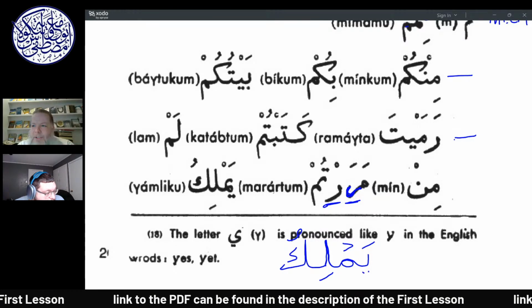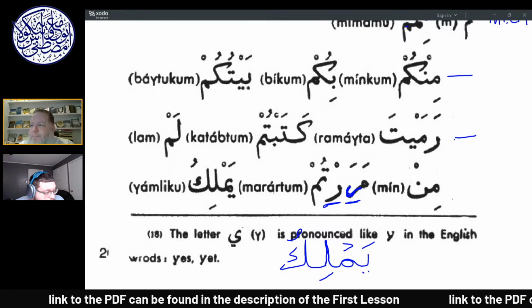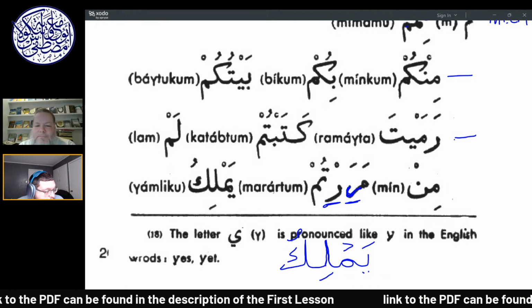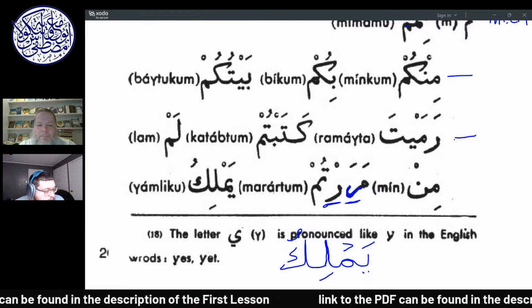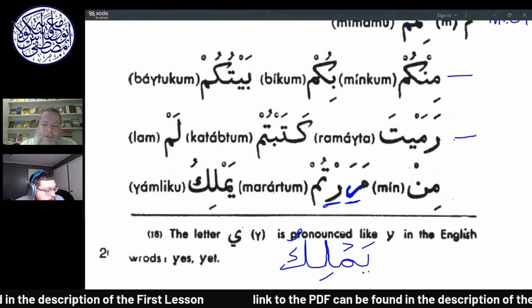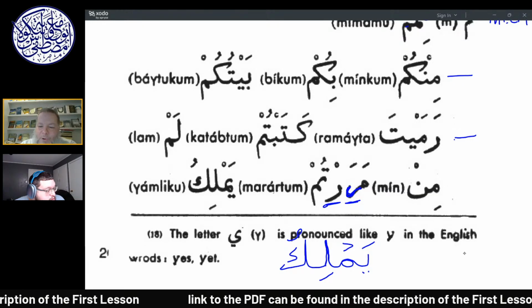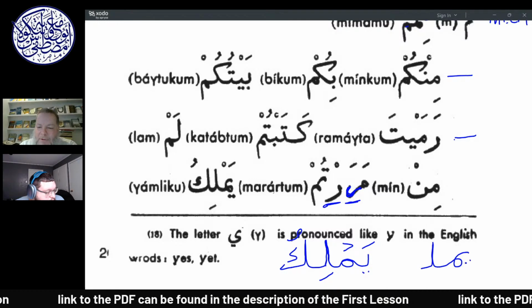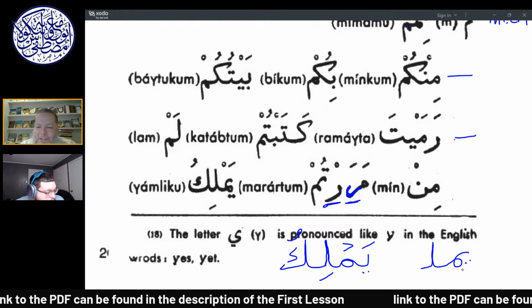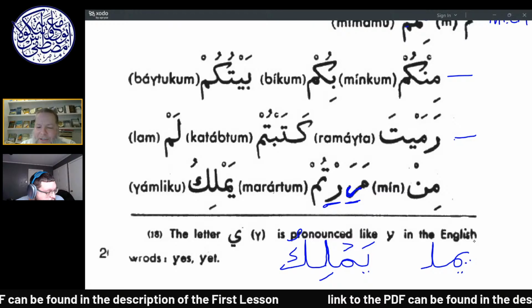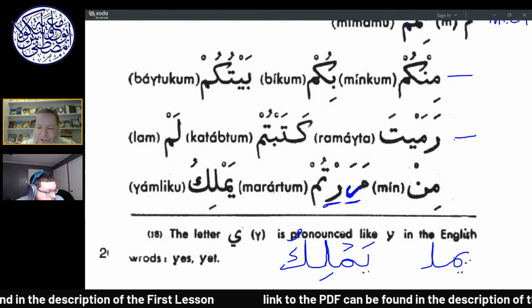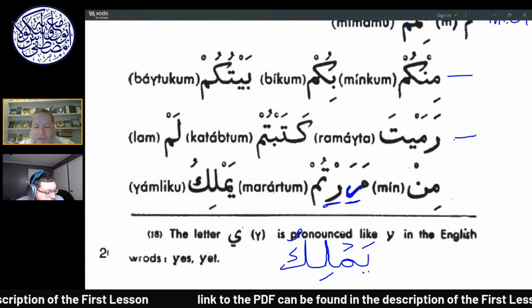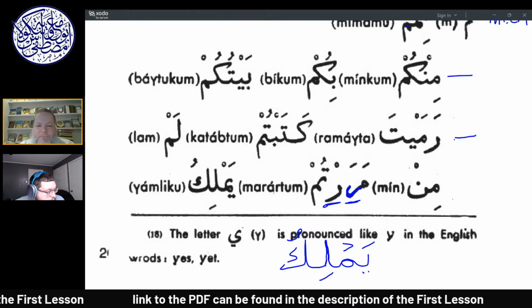Can you see that? Yamlika. Yamliku. Like I said, they just wrote the ya like this and then added the mim, and because they did it fancy, they put the dots underneath it. But basically, that's your ya with your mim lam kaf. So yamliku. Okay.